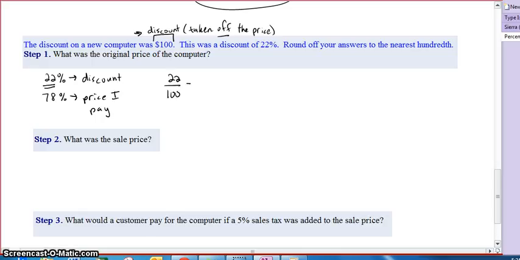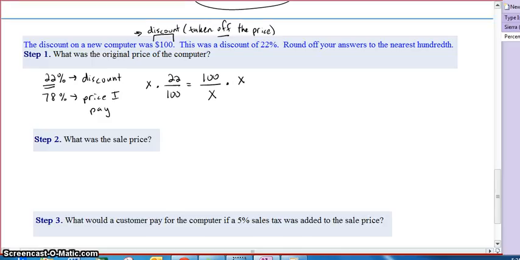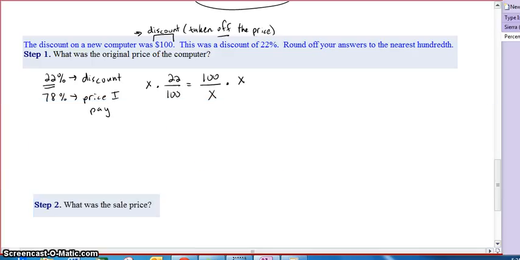22 over 100 equals 100 over X. That's my original price. I'm going to multiply both sides by X. Give myself a little more room.